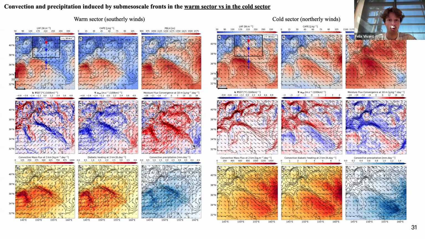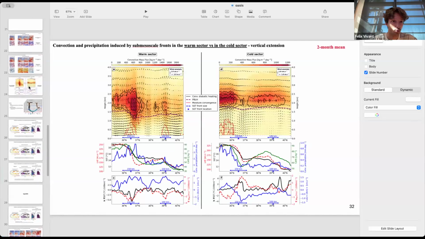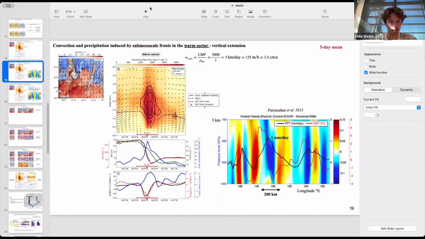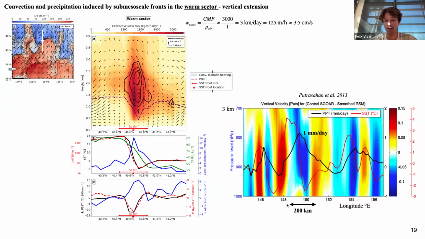If we compare to another run, the one I just showed previously, the horizontal extension is the same as the 2 months mean, but the precipitation is greater if you consider integrated submesoscale effects. Does that answer your question?